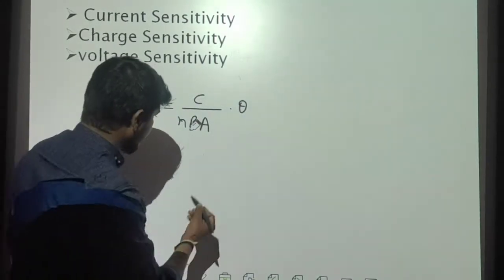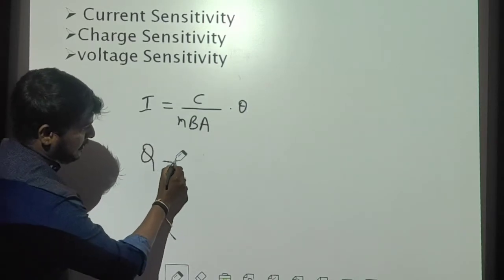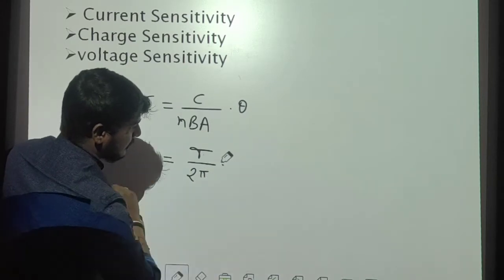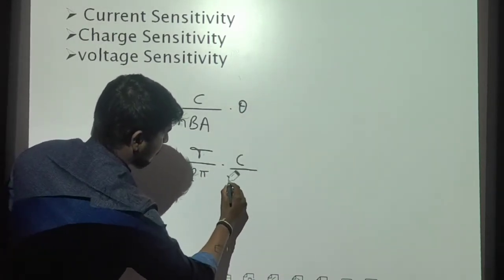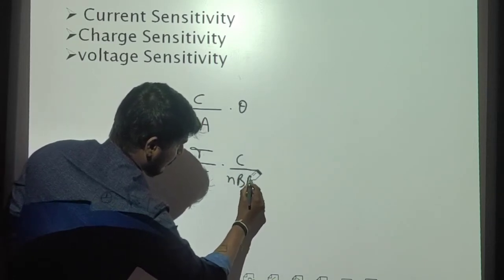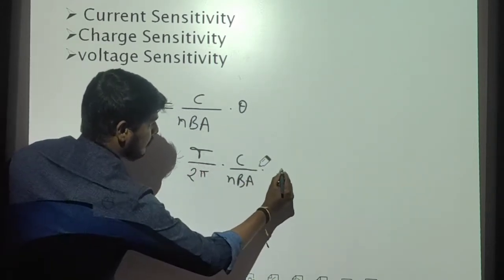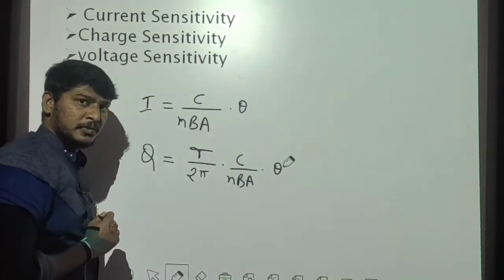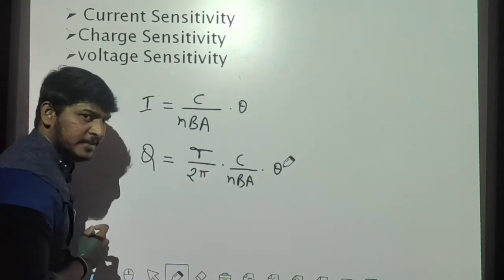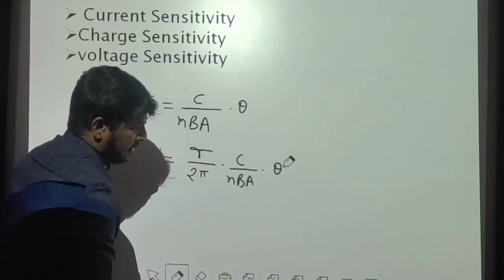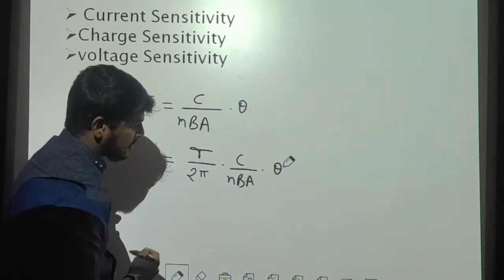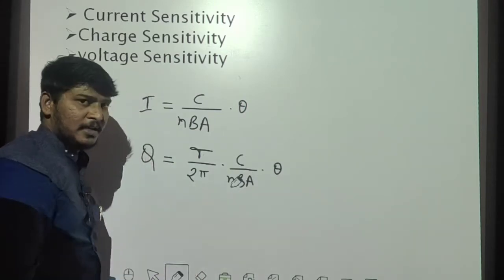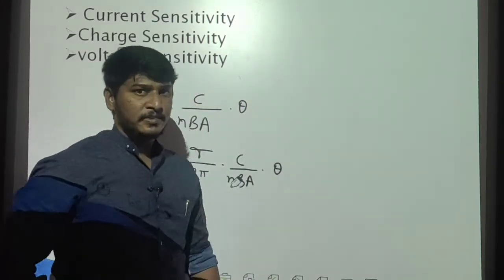And one more equation is Q = (T/2π)(C/N B A) θ, where Q is the amount of charge which flows through the copper wire, T is the time period, C is the couple produced per unit twist, N is the number of turns, B is the magnetic field, A is the area of cross section, and θ is the deflection.